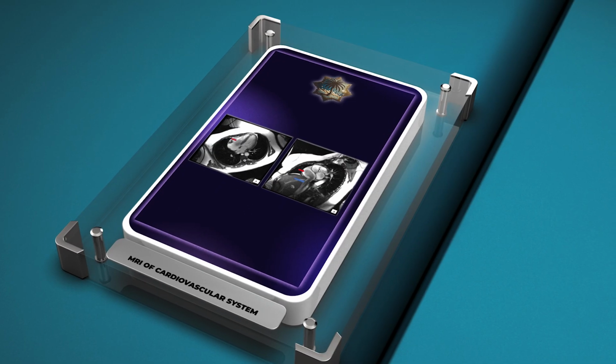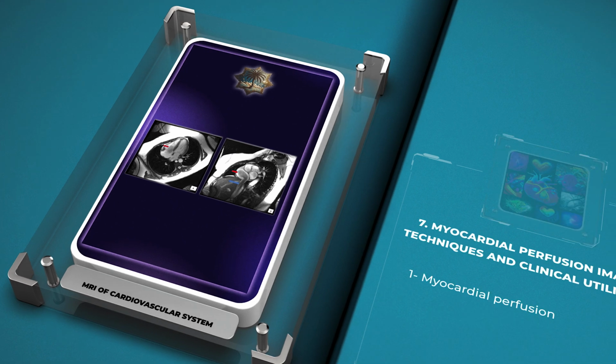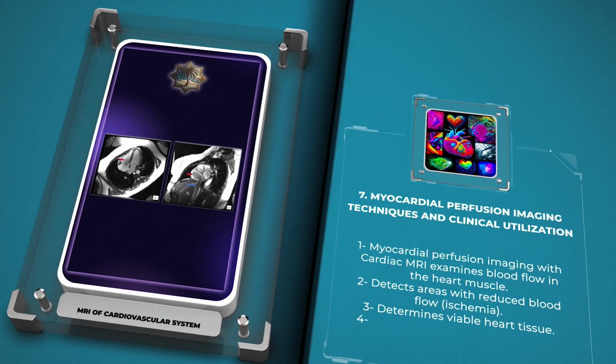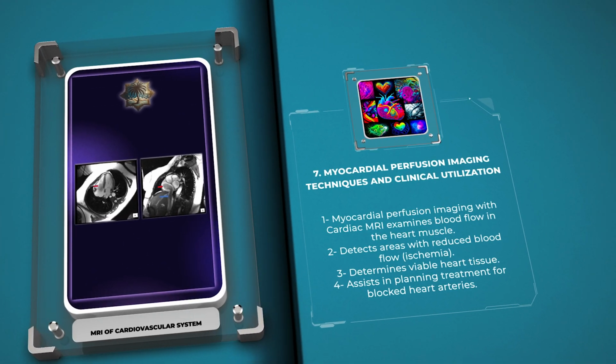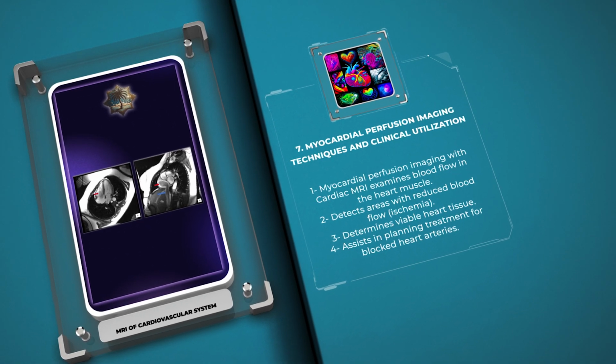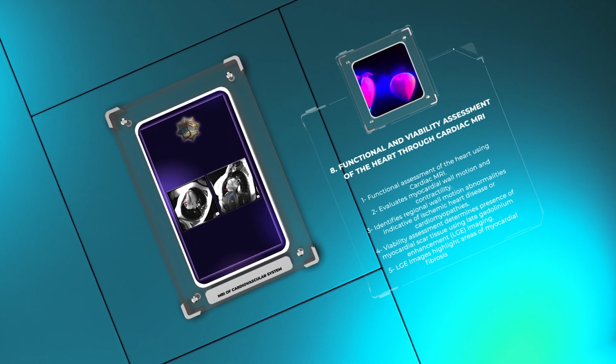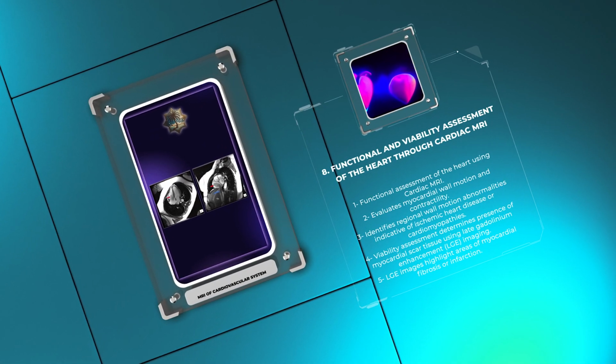During myocardial perfusion imaging with cardiac MRI, we examine blood flow in the heart muscle at rest and during stress. This helps us detect areas with reduced blood flow, ischemia, determines viable heart tissue, and assists in planning treatment for blocked heart arteries. Functional assessment of the heart using cardiac MRI involves the evaluation of myocardial wall motion and contractility.